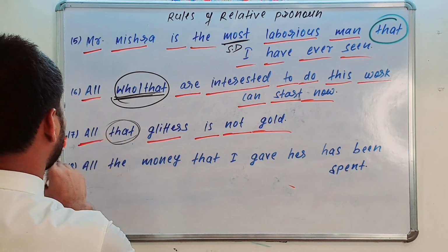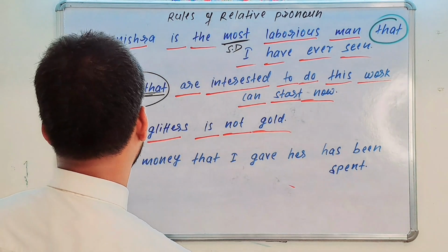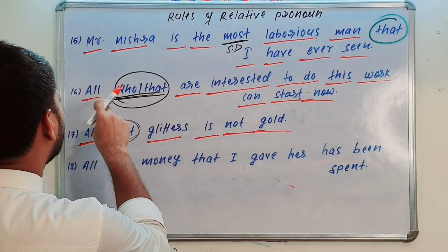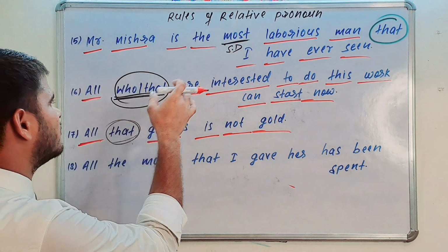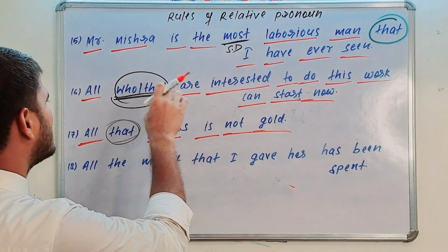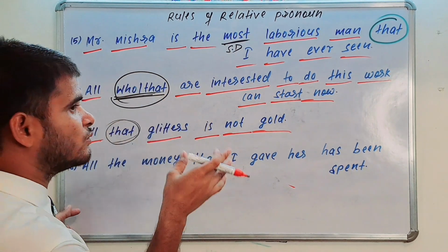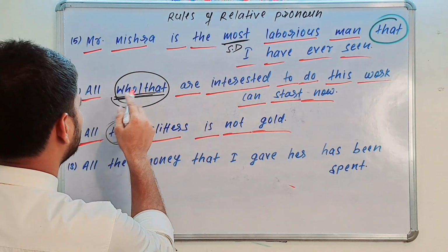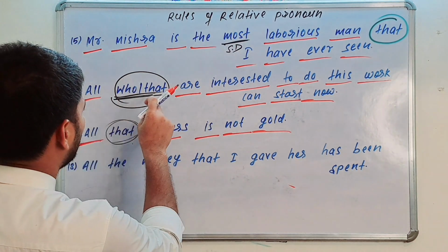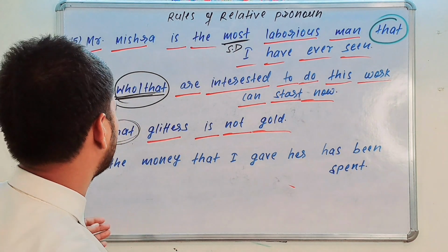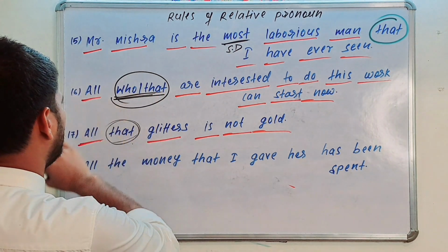This is the sixth rule. All that glitters is not gold. If the word all is used only for persons, then you can use the relative pronouns who and that, either of them, both after the word all.